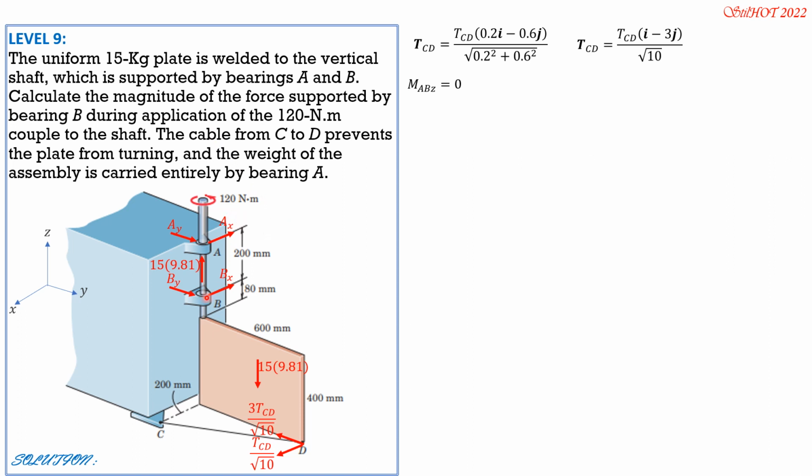Then the positive sense would be that sense, 120 Newton meter. Remember, this is Newton meter, so the moment arm should be in meter to be consistent. So minus tension CD over square root of 10 times 0.6. That's the only equation. All these other forces are not involved. 15 times 9.81 is not involved because it is parallel to AB. So tension CD can now be computed. It is equal to 632.46 newtons.